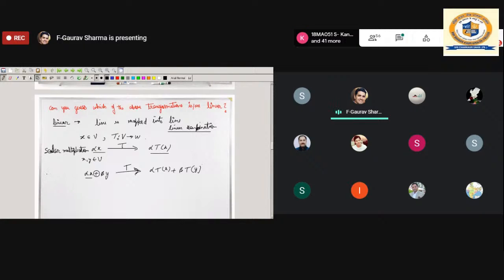So here, along with scalar multiplication, we have vector addition. So whenever a linear transformation preserves these two operations, the first one scalar multiplication and the second one vector addition, then we say that the transformation is linear.